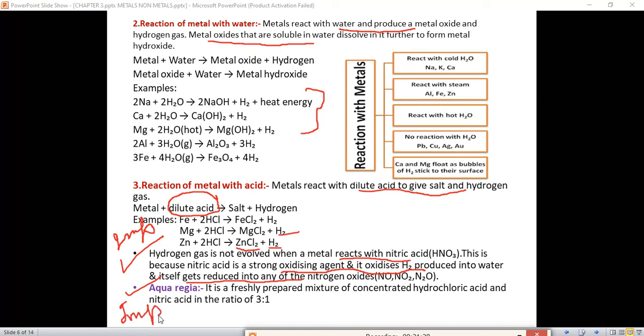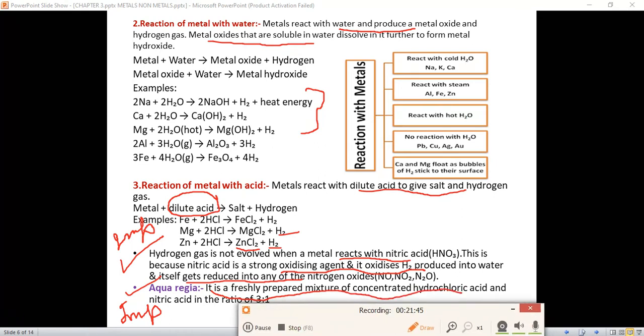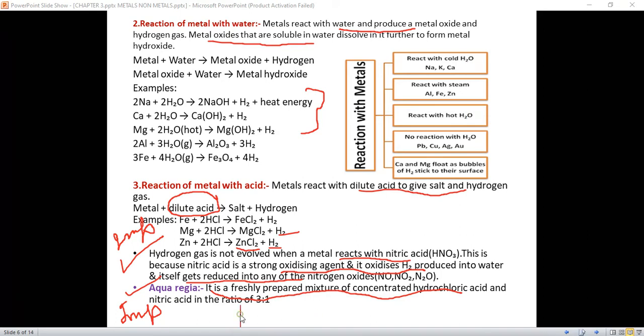Okay, aqua regia. What is aqua regia? It is a freshly prepared mixture of concentrated hydrochloric acid and concentrated nitric acid in the ratio of 3:1.